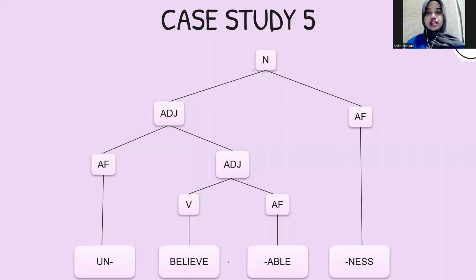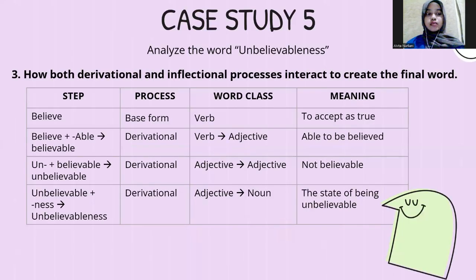Unbelievableness is a noun. So in number 3, we can see how both derivational and inflectional processes interact to create the final word. Step 1 is the base form, believe, a verb, meaning to accept as true. And then believe adds the affix able, believable, a derivational process from the verb believe to an adjective, changing the meaning to able to be believed.